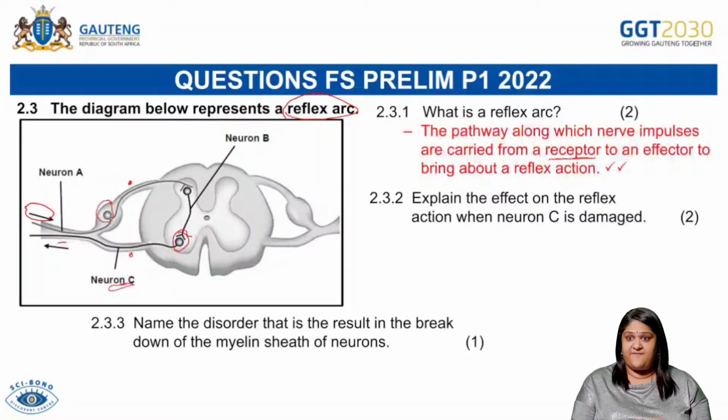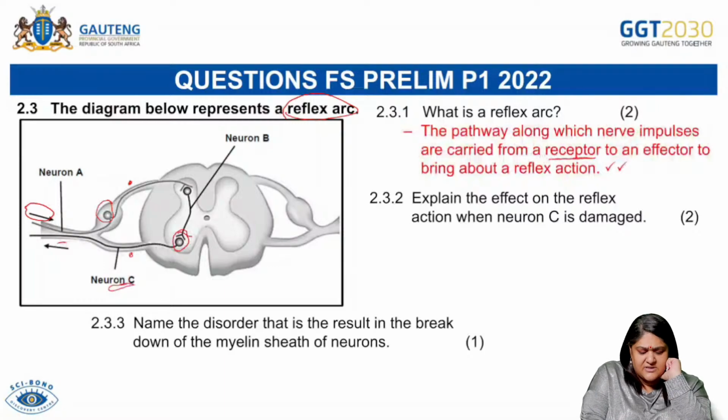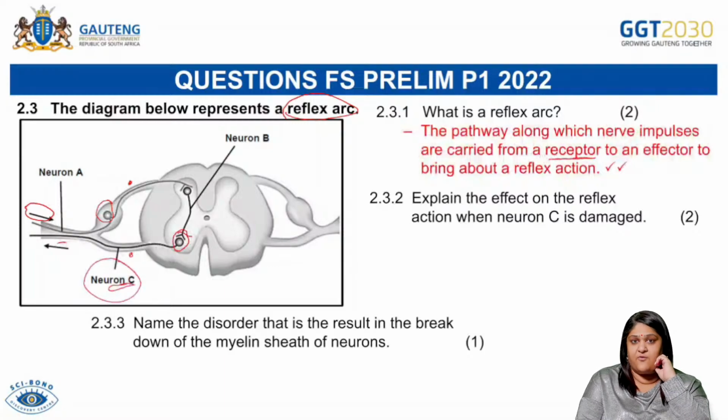2.3.2, explain the effect on the reflex action when neuron C is damaged. Okay, so now they're saying neuron C is damaged. Now you first have to ask yourself, what is neuron C? Motor neuron, right? So if this one is damaged, what's going to happen? So do you agree with me that this sensory neuron is still going to carry out its function, right?